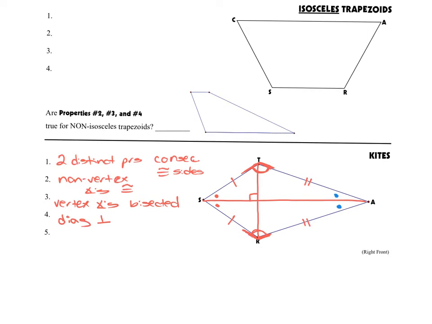And our last property that we can list for a kite is a little bit wordy, but what we're going to say is that the diagonal for the non-vertex angles is bisected.